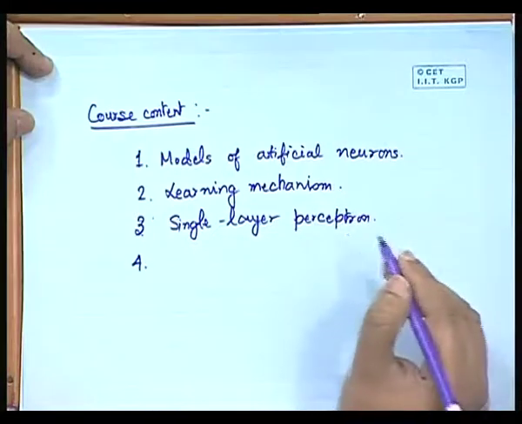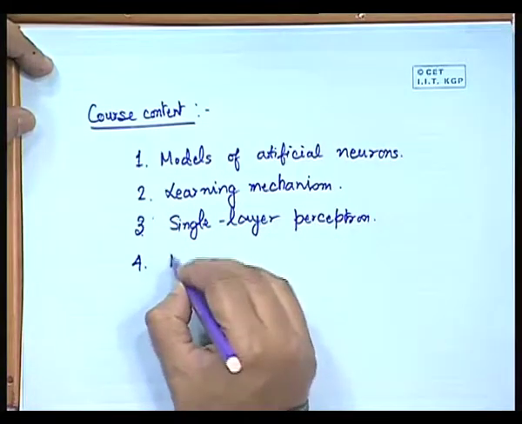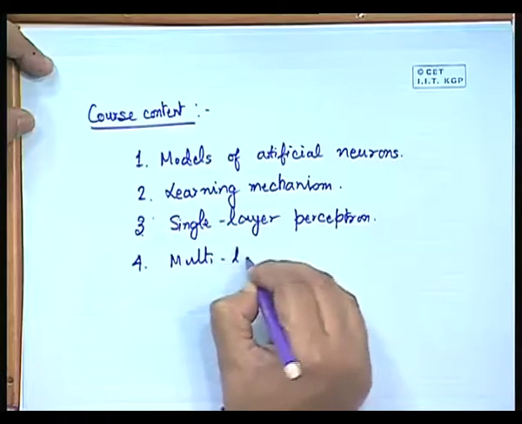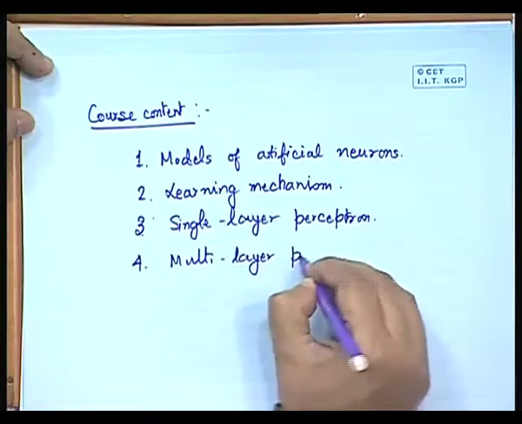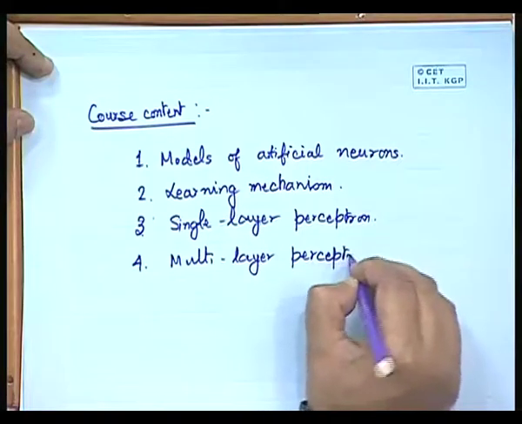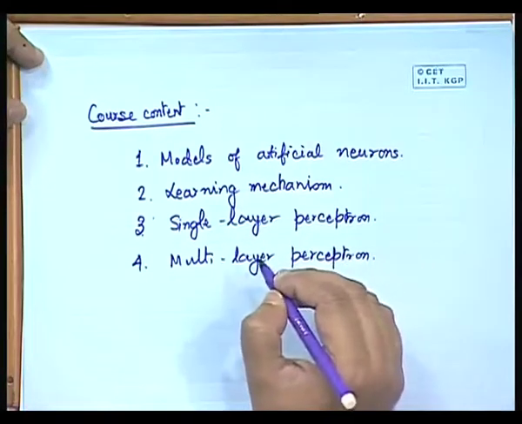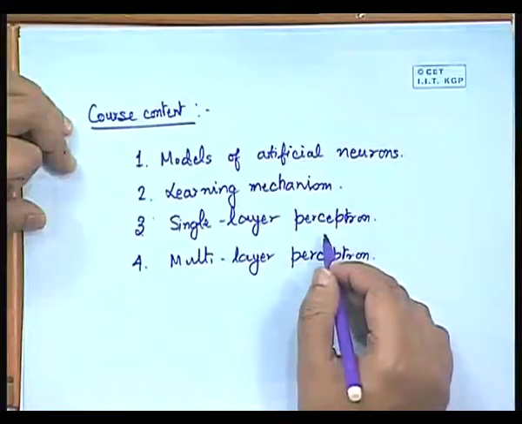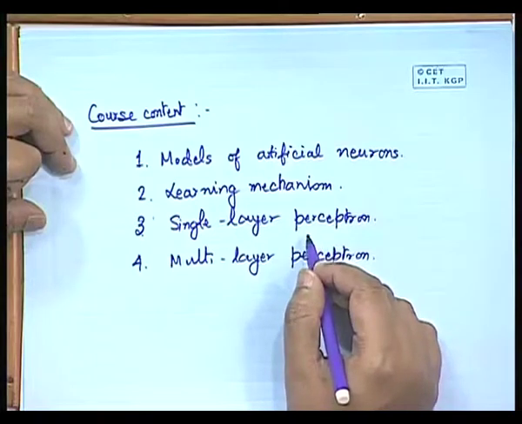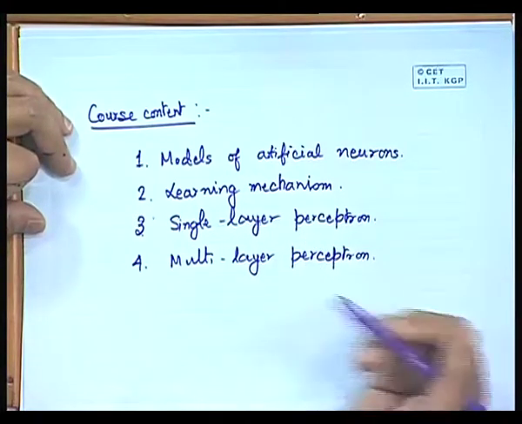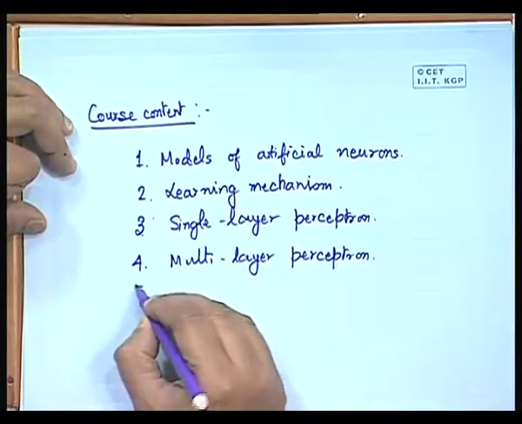Whereas, this idea is later extended to achieve what is called the multi-layer perceptron, where other than the input and the output, we are going to have some intermediate layers of processing. That is the realization of the multi-layer perceptron, which we will see. In fact, we will see that the single layer perceptron models have a lot of limitations, and those limitations can be overcome using multi-layer perceptrons.